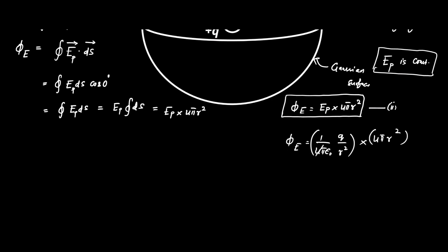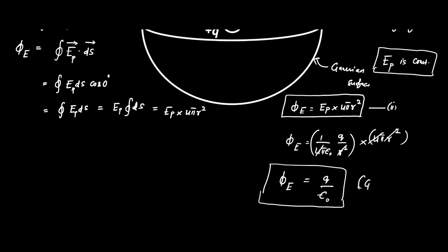So 4 pi will get cancelled, r square will get cancelled, so we'll be left with q by epsilon 0, which is basically the statement of Gauss law. This is what Gauss law states, that the electric flux passing through any imaginary Gaussian closed surface is equal to 1 by epsilon 0 times the total charge enclosed by that surface.